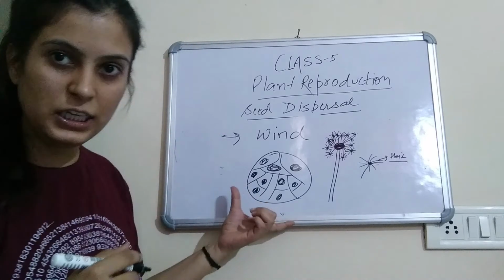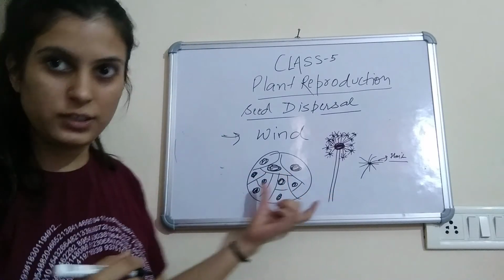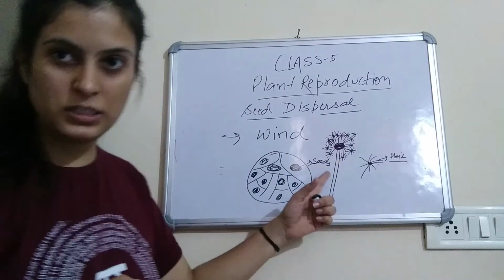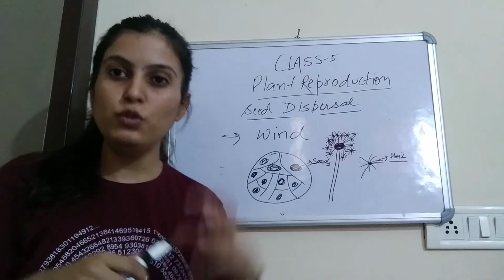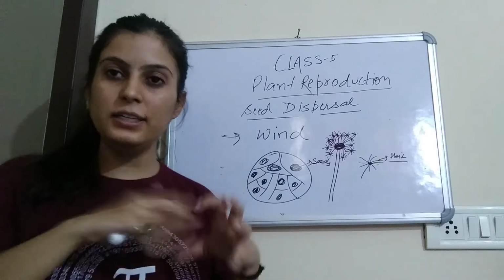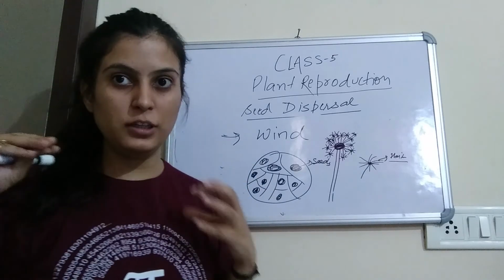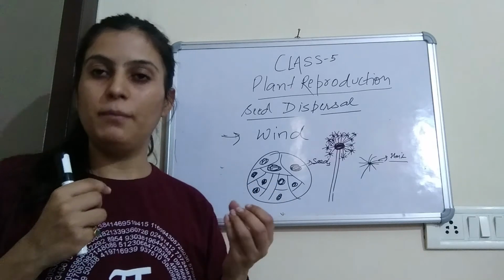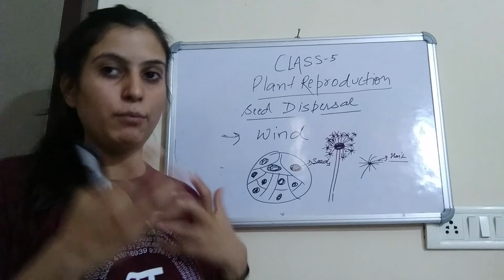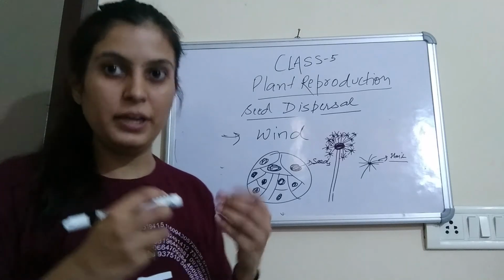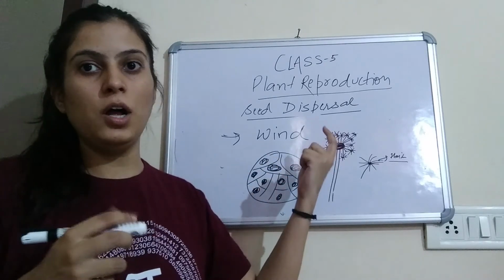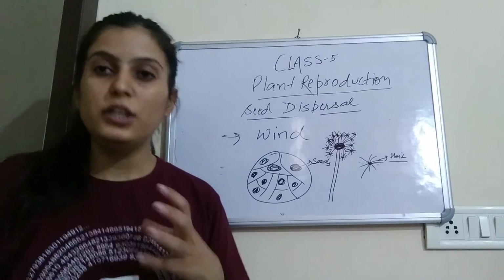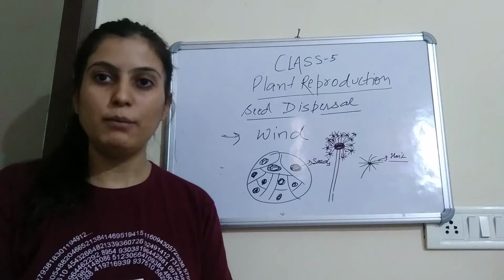See, this is the fruit of lotus and these are the seeds. The fruit floats on the water and is taken far away from the mother plant, and then when it gets proper water, air and sunlight for the seed to germinate, the seed grows into a new plant.